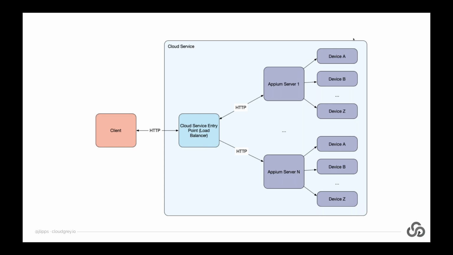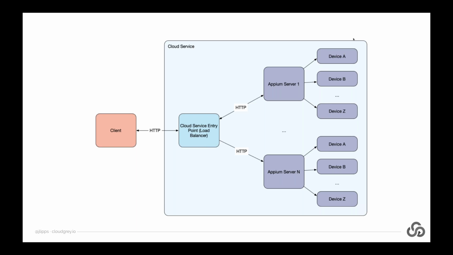So no matter which devices or locations or platforms you're automating, there's often a single Appium endpoint that's kind of an entry point into the whole cloud service. And then that load balancer is responsible for sending your Appium requests to other Appium servers, potentially hundreds or thousands of other Appium servers, which are themselves connected to devices or emulators or simulators.